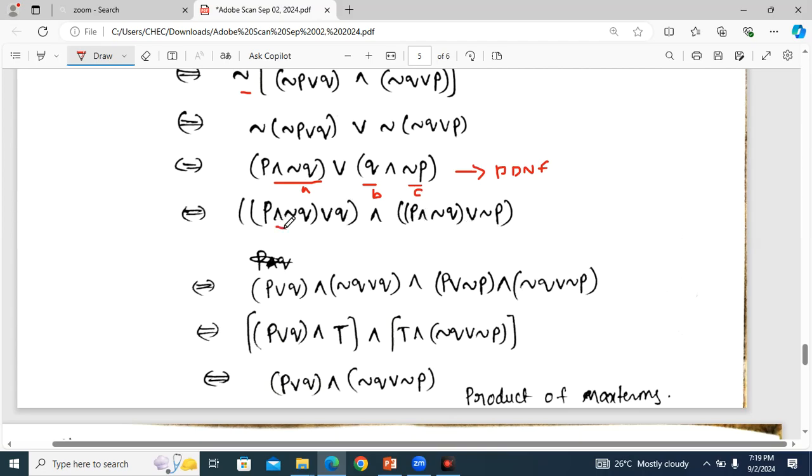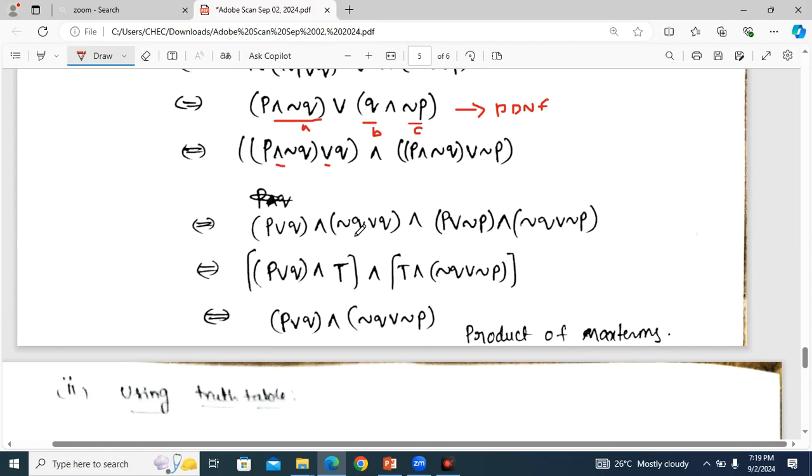Again we apply distributive law. P or Q and negation Q or Q, P or negation P and negation Q or negation P. So negation Q or Q, P or negation P gives truth values. Okay. Now we replace true for these statements.